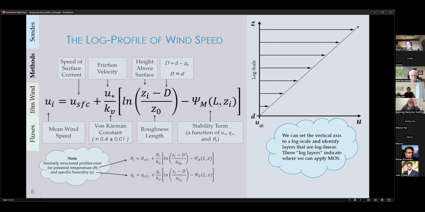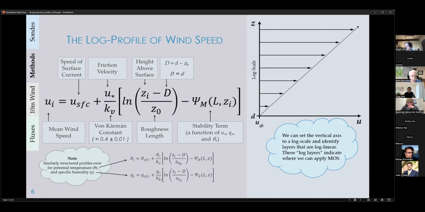Now, to get the stability term right, which Ralph argued is non-negligible, even in hurricanes, I was going to start this just assuming that it's neutral conditions, but Ralph had some work where we found that there were cases where it wasn't. We had to also solve for similar profiles of potential temperature and moisture. So potential temperature is just temperature adjusted for the changes in temperature with pressure, with height.